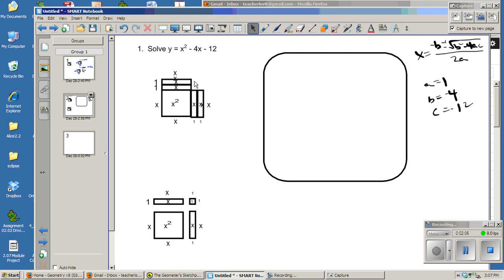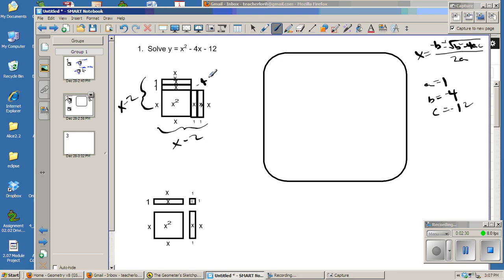Well, if I'm using this x squared minus 4x, that would mean that I'd have x minus 2 over here and another x minus 2 down here. And I'm already in the hole.